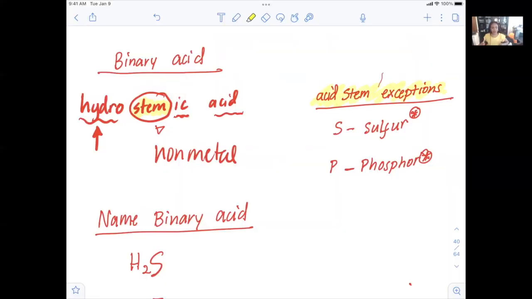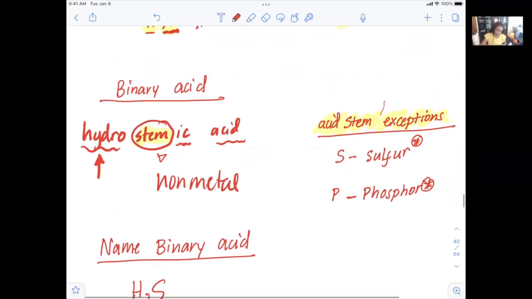Remember how we learned the stem words earlier and I had a little table for y'all? Well, when it comes to sulfur, you have to modify these stem words. These are exceptions. You probably remember the stem word for sulfur was sulf, right? When it comes to acid, we can't use sulf anymore.